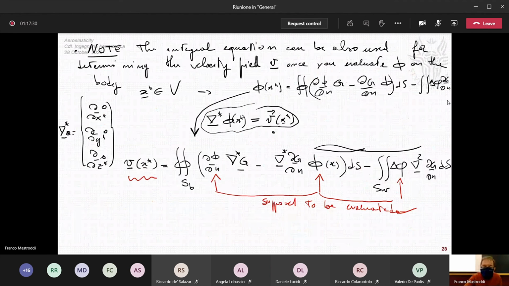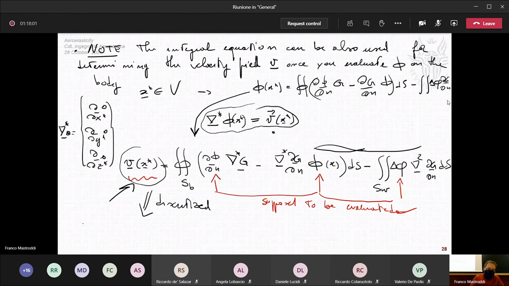Do you remember this formula? For the velocity, we could discretize also the velocity in the field. Correspondingly, we can divide our body in panels, and then we can evaluate, for example, let me write here this discretized expression for the velocity.